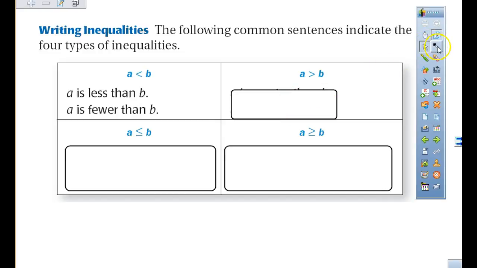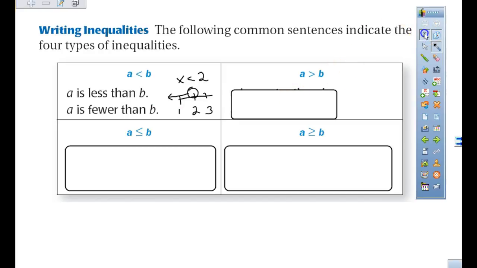And if you were going to graph that symbol and you had something like x less than 2, would it be an open or closed circle at 2? Open. And so if I was thinking of my number line, if I say x is less than 2 or x is fewer than 2, it's an open circle.